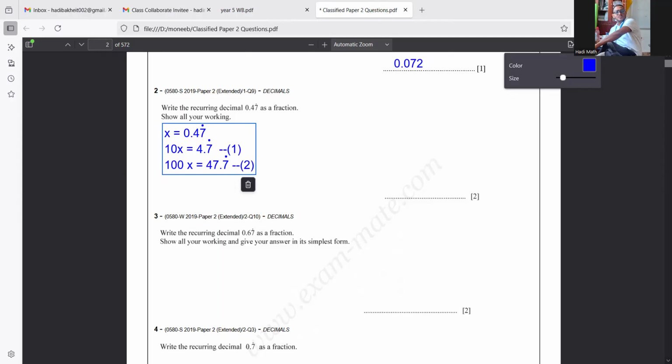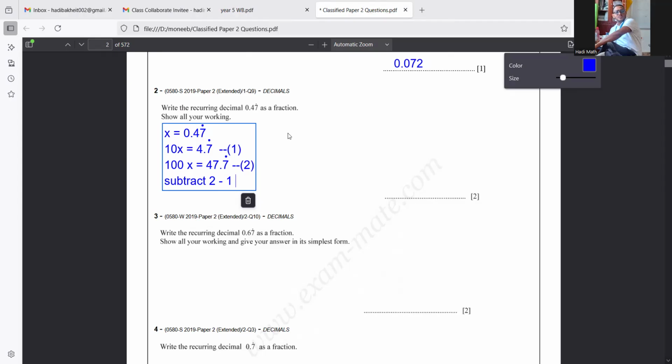Now subtract. When I say subtract, subtract 1 from 2, which is 2 minus 1. If you are smart enough and able to subtract like that, 100x minus 10x is equal to 90x, it's okay.